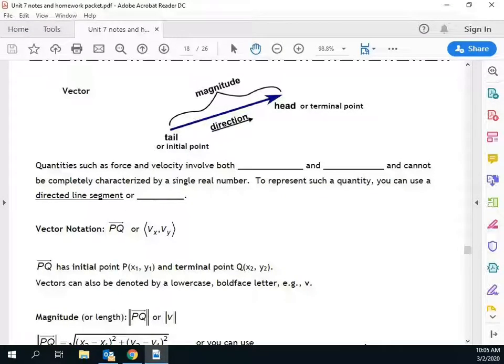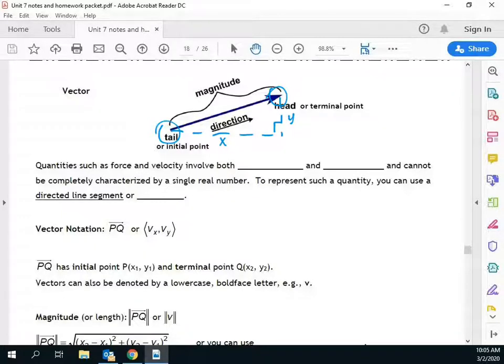When you see a vector, you notice that it has a tail and a head. With this, we have a horizontal component and a vertical component, which is usually x and y.